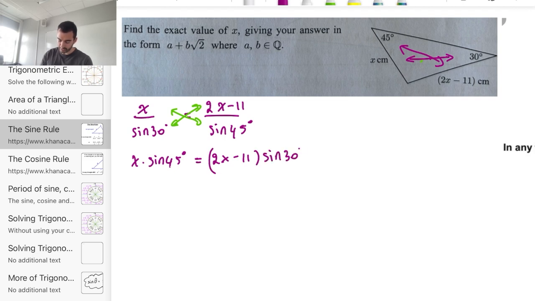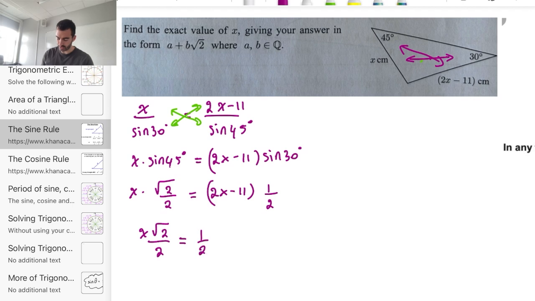Now, sine 45 will be root 2 over 2, and sine 30 will be 1 over 2. So to simplify this even further, I have x root 2 over 2, which is equivalent to 1 over 2 times 2x minus 11.